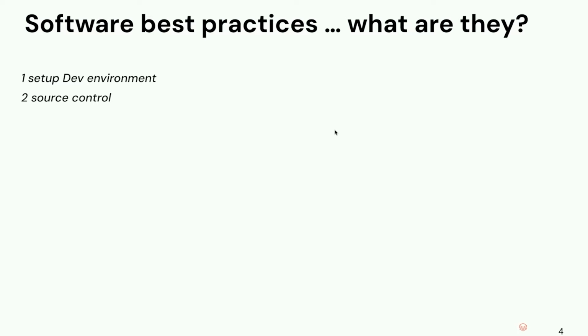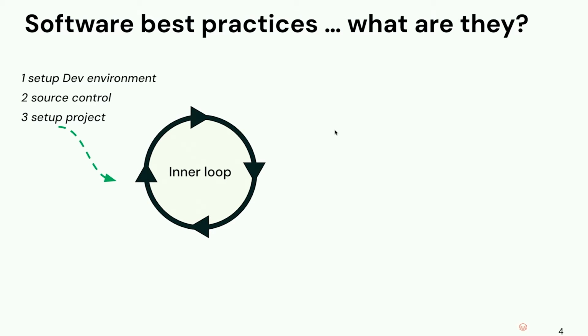Code base, small, large. This is a really good way to scale what you're doing. And then you want to make sure that the way you lay out your project structure, you may have organizational standards, how your tests are scaffolded, where your fixtures are, set that up. And that starts this inner dev loop, where basically you're authoring code, and you're testing and maybe finding issues, debugging them, refactoring them.